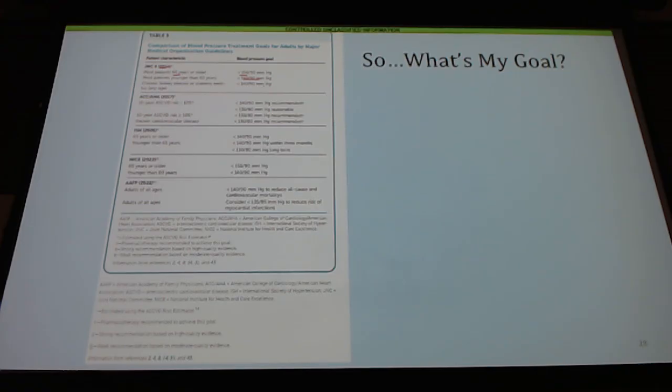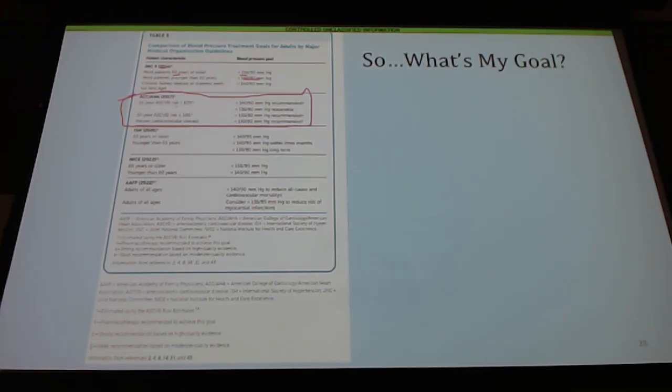That's really the goal for JNC8, just 140/90. But we said we were going to focus on the ACC/AHA guidelines, and one of the key things is known cardiovascular disease. This is somebody who has had a heart attack or has peripheral vascular disease. We're going to be more aggressive at managing that.